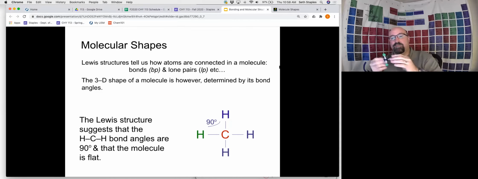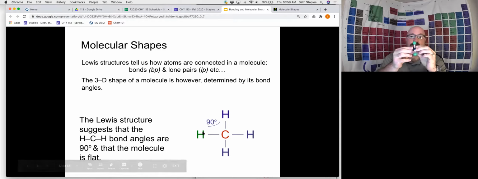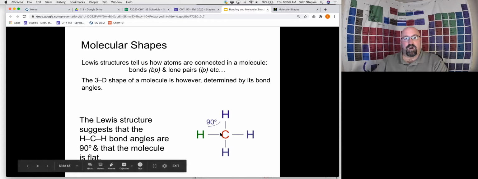A bond angle is, just as the name implies, if we take 3 different atoms within a molecule, we're looking at what the angle is that those 3 atoms make. And here's a great example. When we look at the Lewis structure for methane, with our carbon in the center, our 4 hydrogens surrounding it, if we just look at the Lewis structure as the molecule is drawn flat on our paper, that would suggest that the hydrogen-carbon-hydrogen angle looks like it's just 90 degrees.